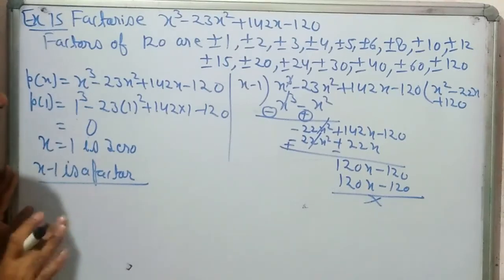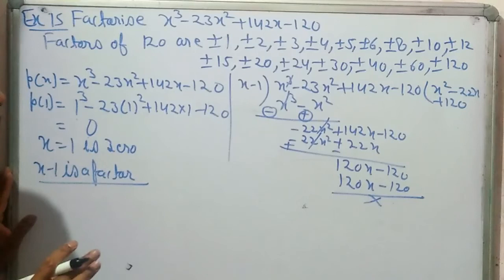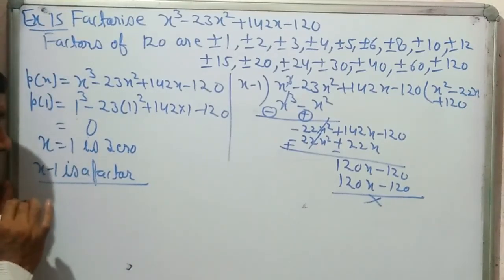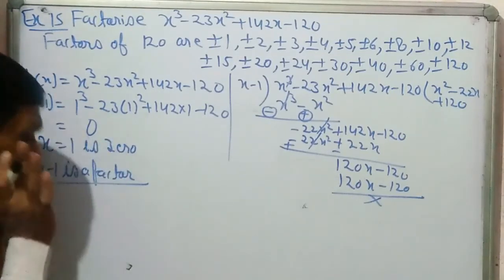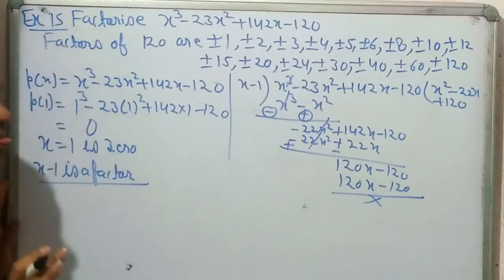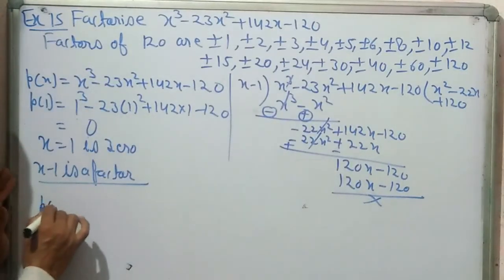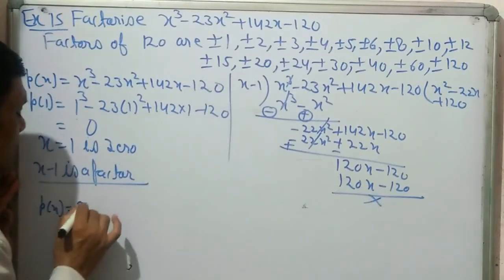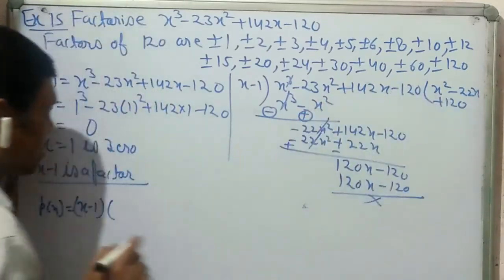Now how will we go on finding the other zeros? Look very carefully. Can I write dividend equals divisor into quotient plus remainder? Remainder is 0. So here dividend, that is Px, equals divisor multiplied by quotient.